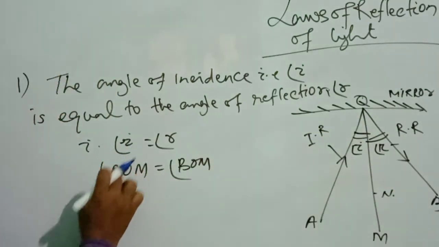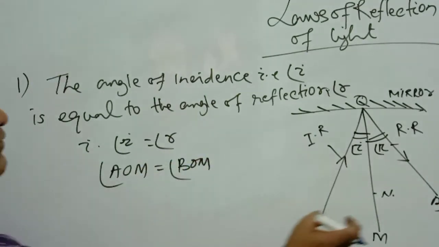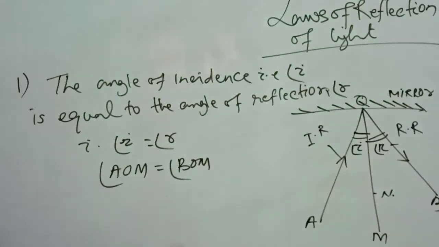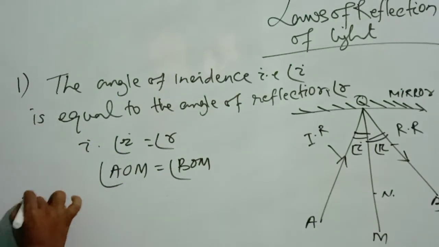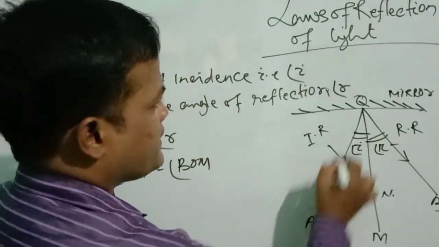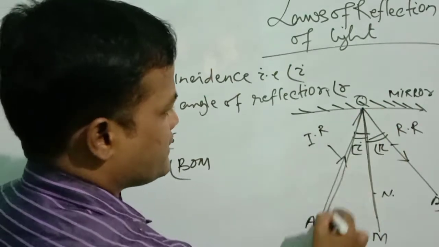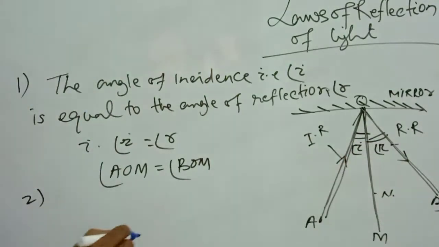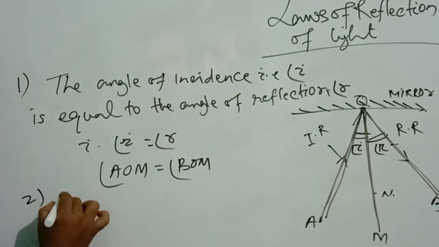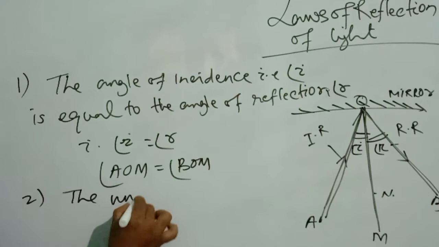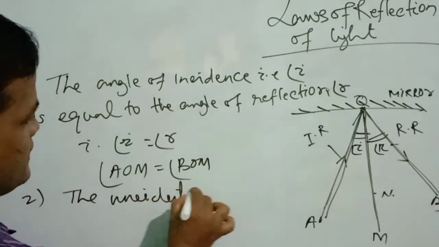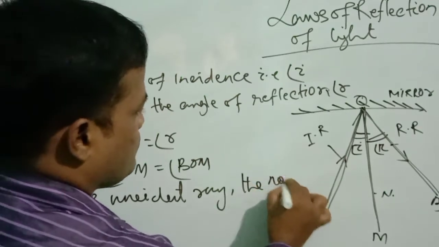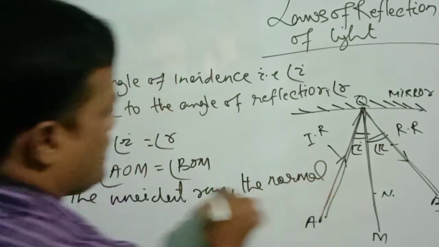So the angle of incidence is equal to the angle of reflection. Okay, next come to number 2.